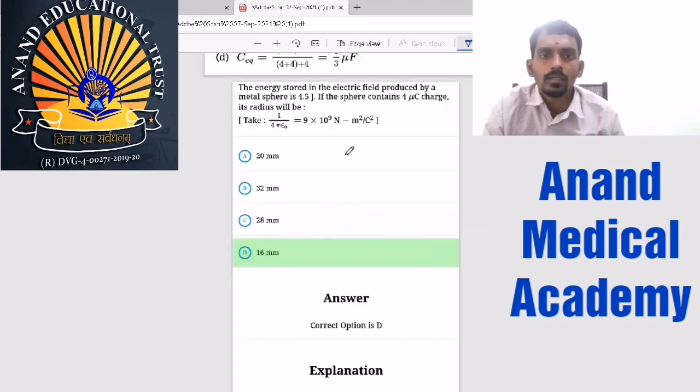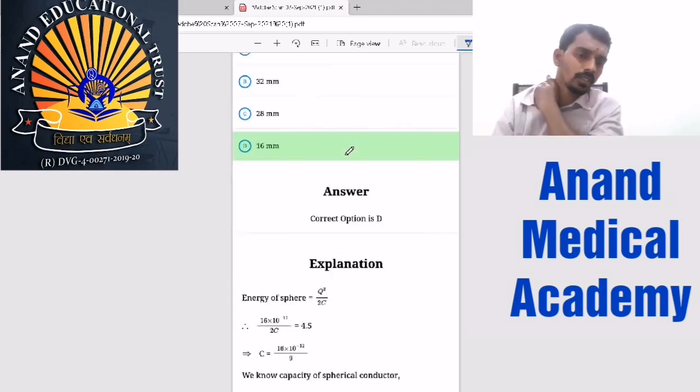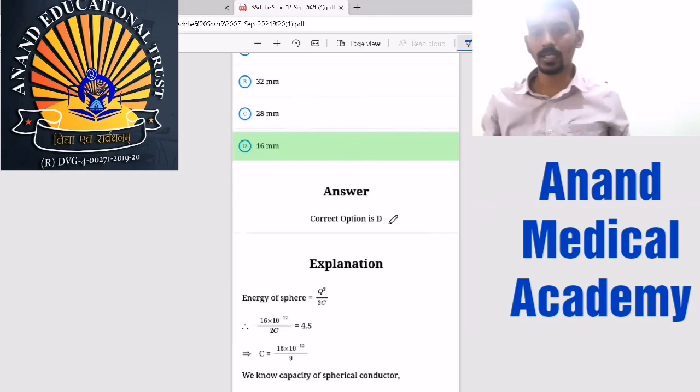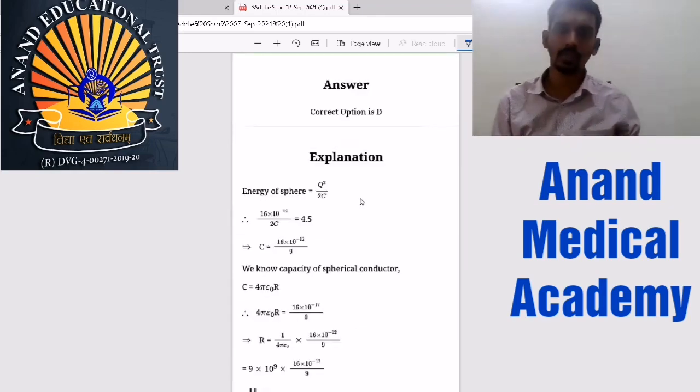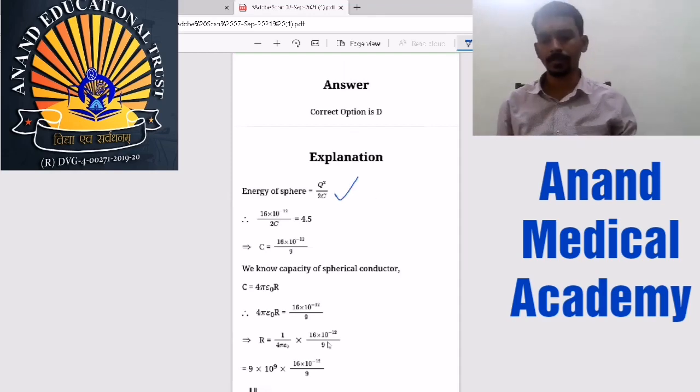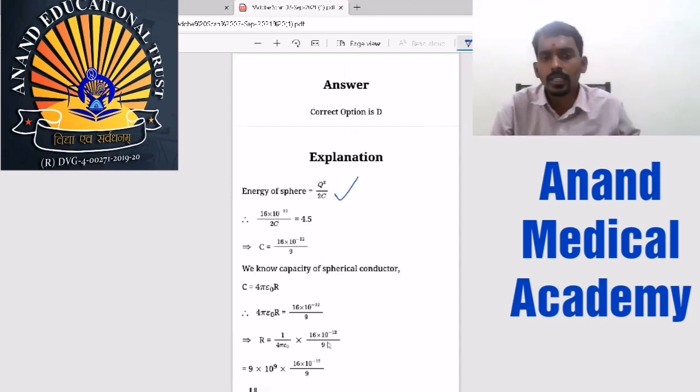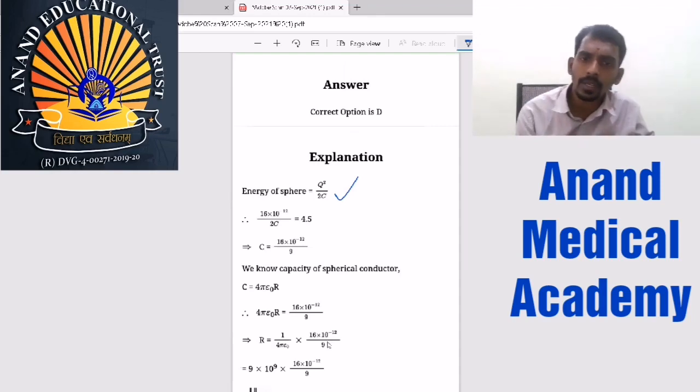Now, as I said, energy stored in the electric field produced by a metal sphere is 4 joule. If the sphere contains 4 microcoulomb charge, its radius will be? See, it's about energy stored. Energy stored means half CV square, or half CV square is nothing but half Q square by C. They have given the data, so you can find the capacitance.